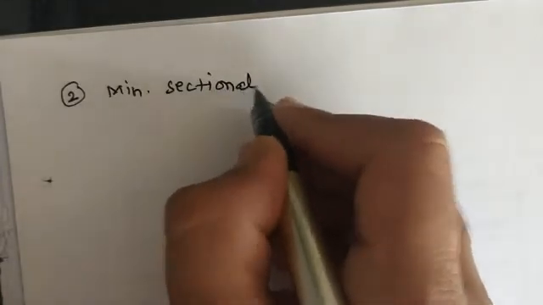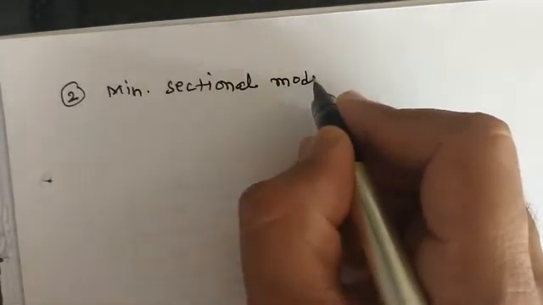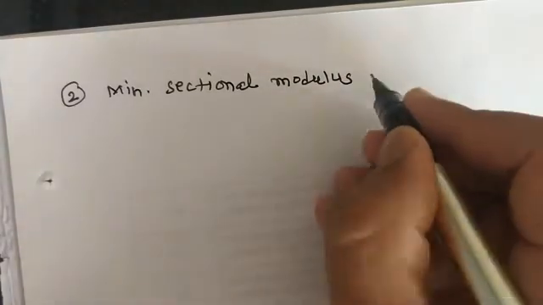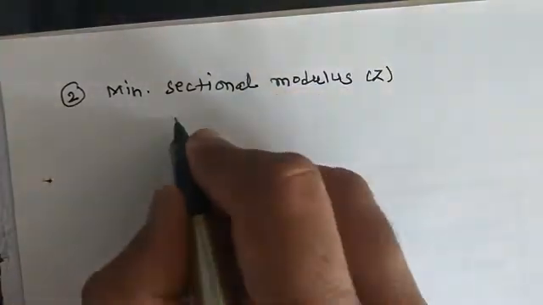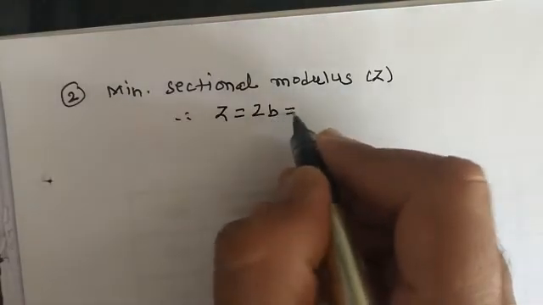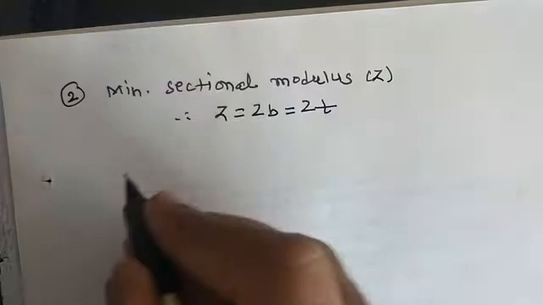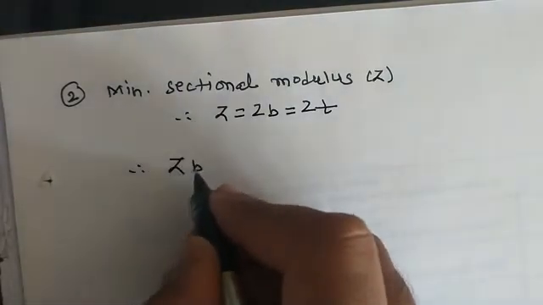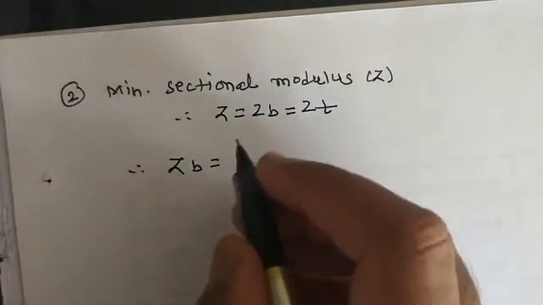Now next, step number 2, we know the minimum sectional modulus Z. Considering the section is rectangular, Z bottom and Z top are the same. So what is the formula for Z bottom?